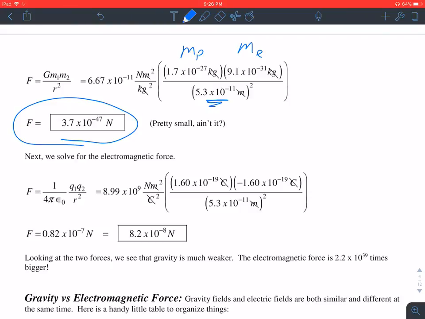But if we put in the charge of a proton and the electric charge of our electron, with that same distance that separates them, you can see that this force, although small, times 10 to the negative eighth here, is much, much stronger than the force of gravity on them.